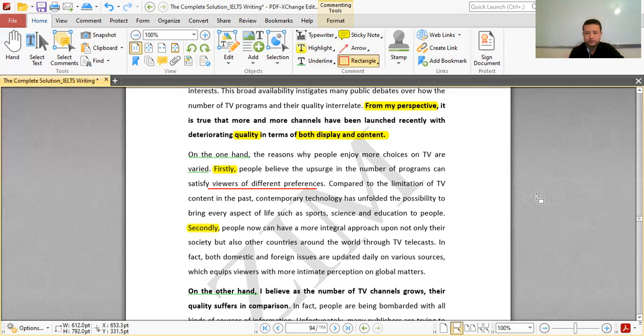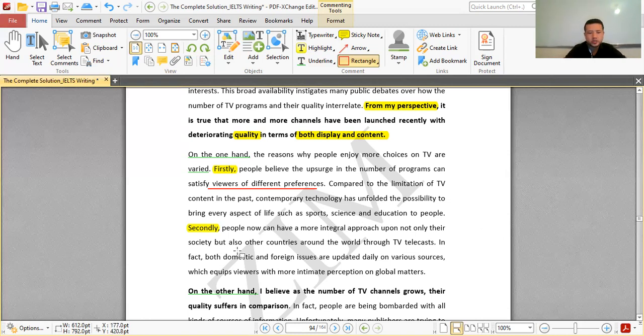And the second reason. Secondly, people now can take a more integral approach and open up not only their society but also other countries around the world through TV telecasts. In the past, or in fact, both domestic and foreign issues are updated daily on various sources, which equips viewers with a more intimate perception of global matters. It is the second idea, the second reason, plus explanation, guys.